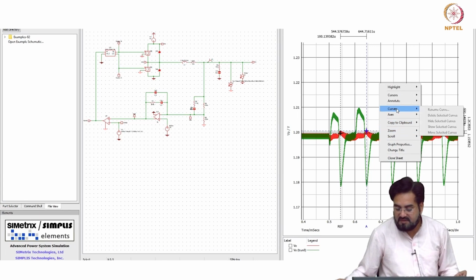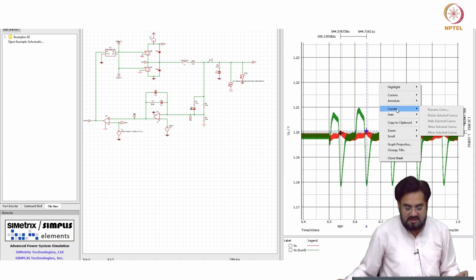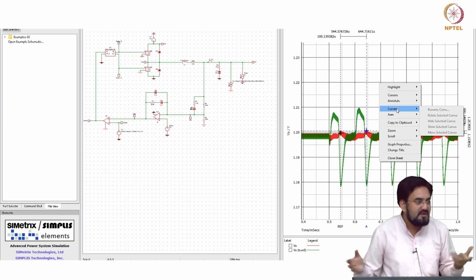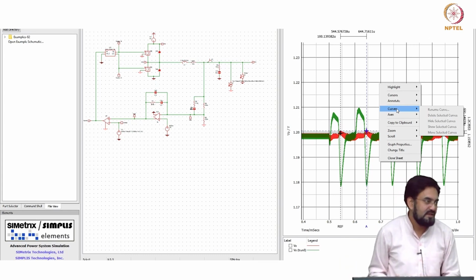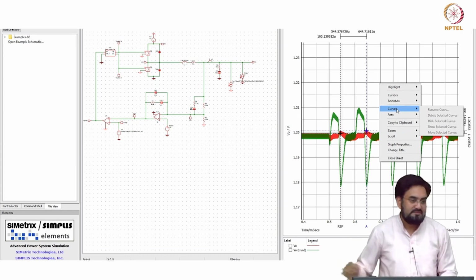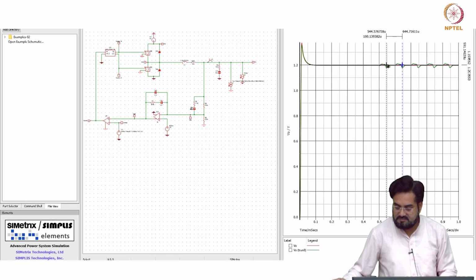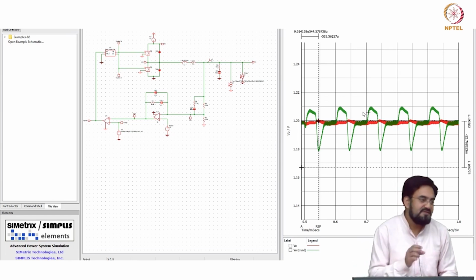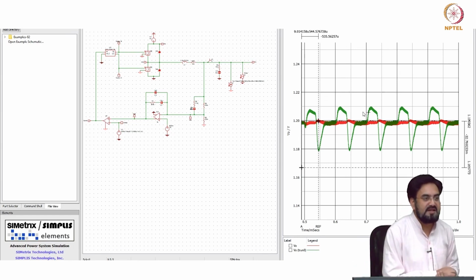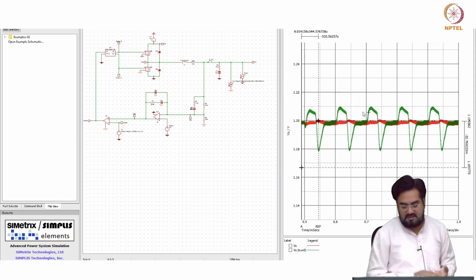Think about if you are driving an audio amplifier with this: 10 kilohertz is in the audible range, so you can listen to these tones in that case. See, so that's the significance of those two poles we are adding at high frequency.